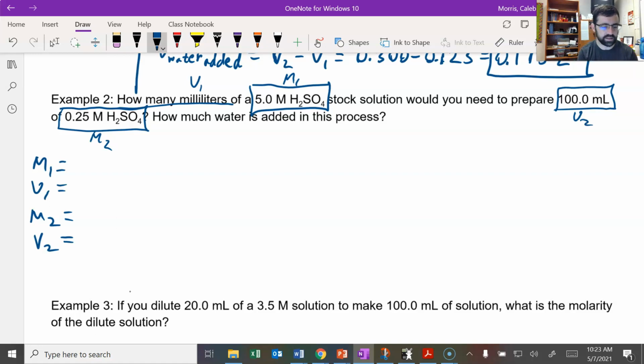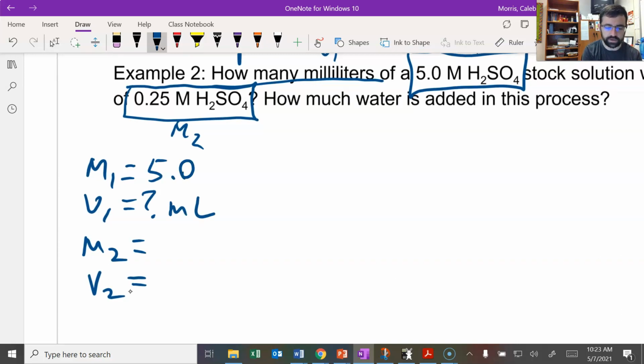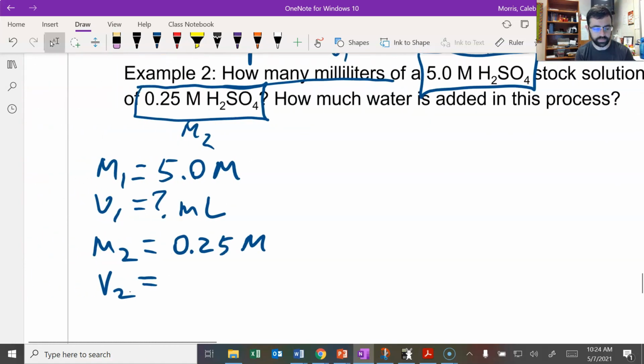But in this case, since I'm looking for milliliters, I'm just going to leave it in milliliters. You just have to make sure that your units match. So I have 5.0 molar, I have 0.25 molar, and then the new solution is 100 milliliters.